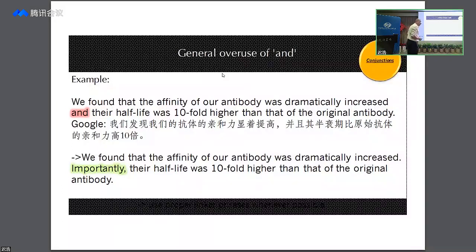Well, maybe this is something that is really important. So then instead of saying just furthermore, in addition, you say importantly. So what's the difference between the original and the improved version? In the original, your reader has already read through a one line, two line, three line statement.